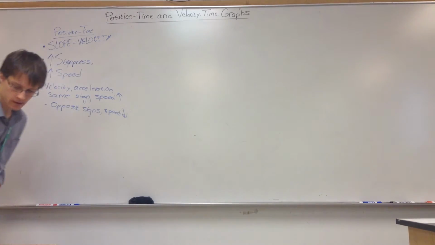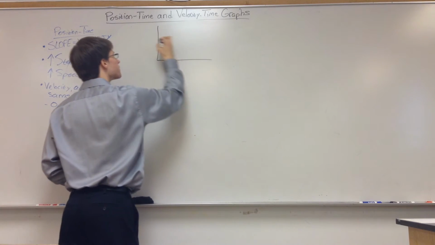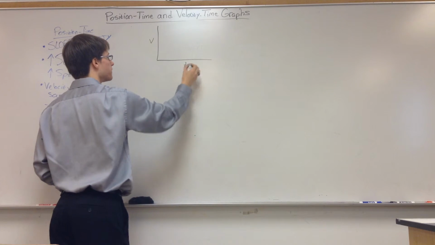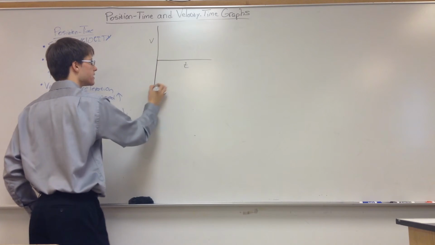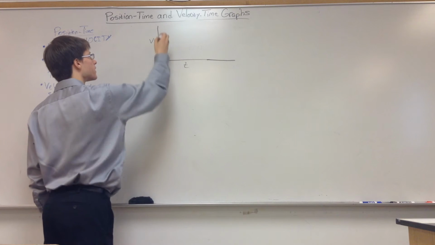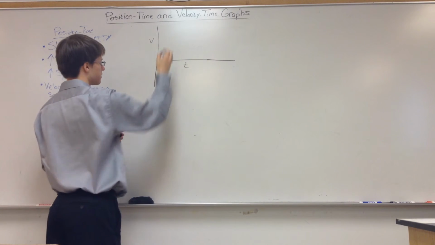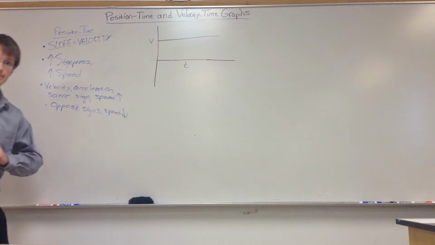So, here, I'm going to say this is velocity and this is time. So, let me actually go down into negatives. So, if I have a velocity that looks like, let's say, just this, what does this mean?